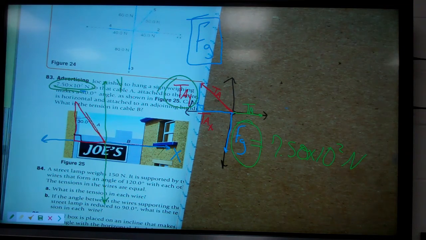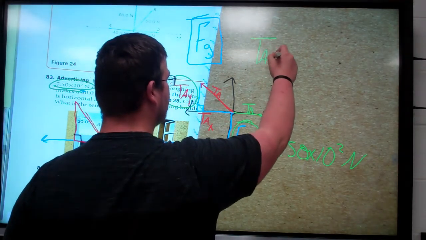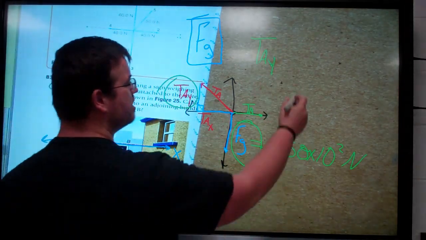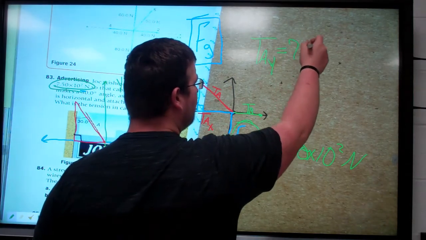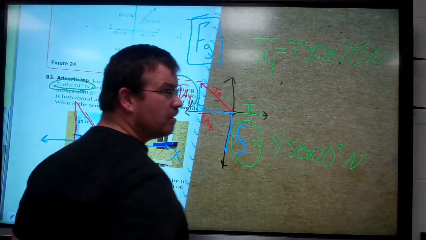So in this, what can you say? Tension of A in the Y direction is equal to 7.50 times 10 to the second newtons.